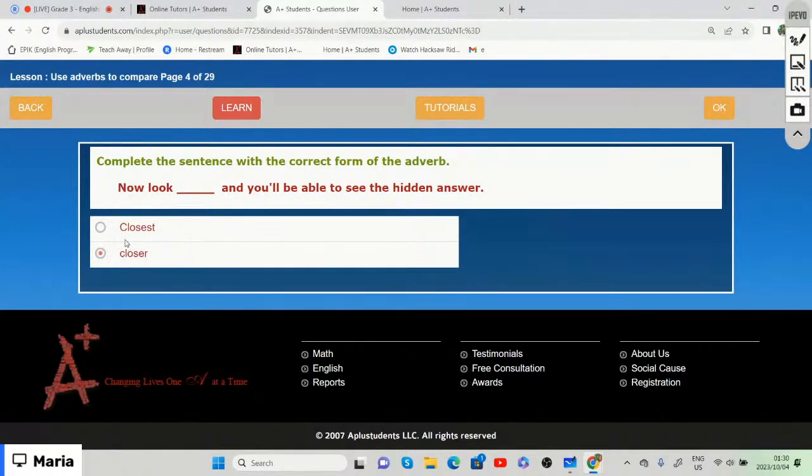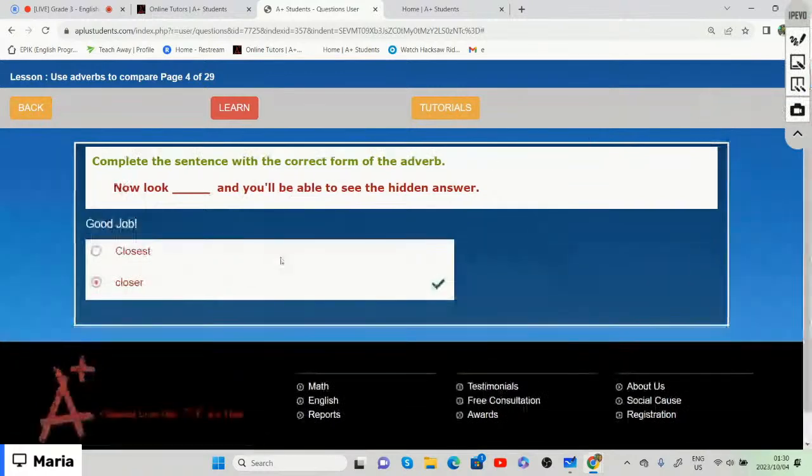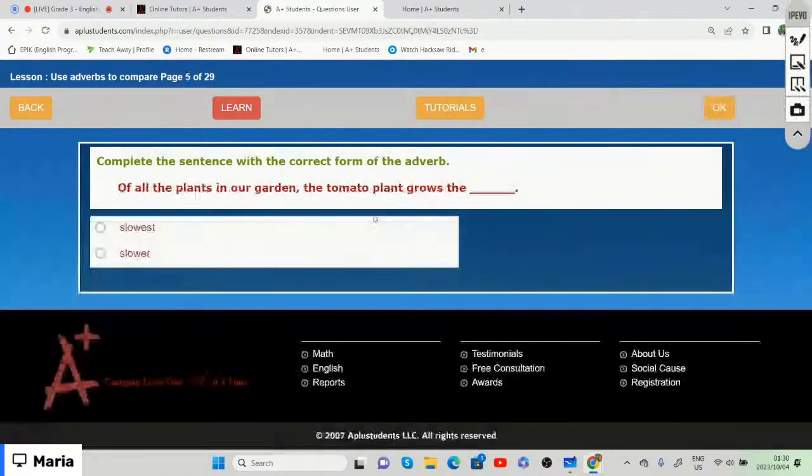Now look closer and you'll be able to see the hidden answer. So we go with closer, and closer means that we are basically comparing. It's comparative.